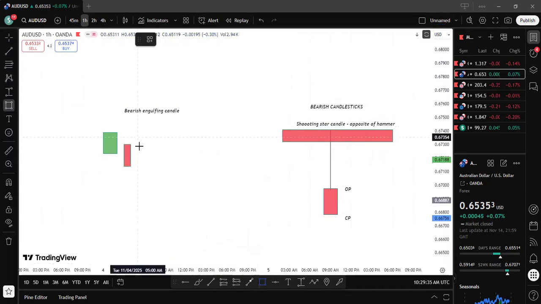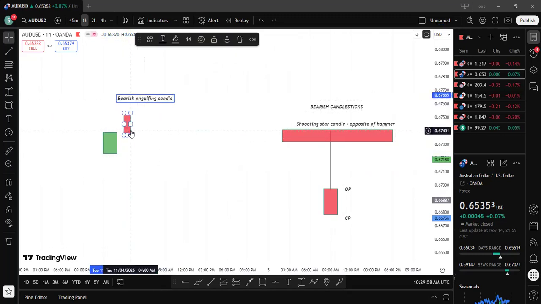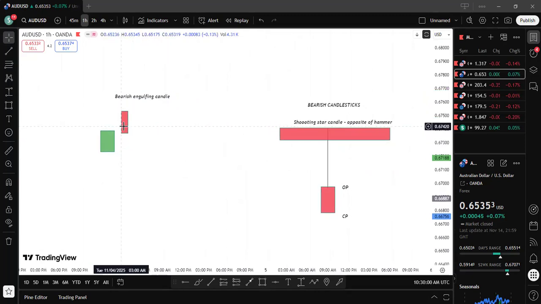Then a new candle also forms at the close. Because it's the closing price, this candle ought to be here. Let's say it closed at this point. So the next candle will definitely form at this point.